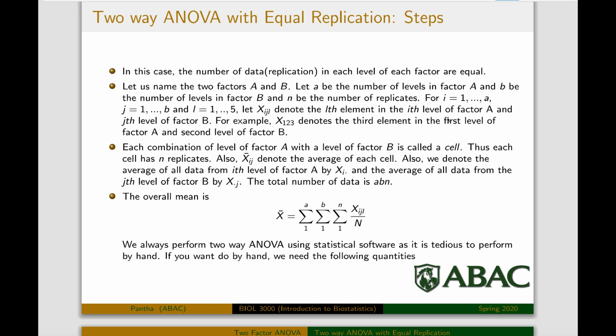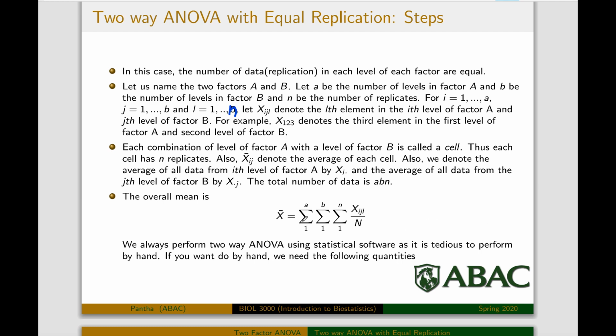So how? Because see, A has small a number of elements, right? And B has small b number of elements, and there are how many replicates of each of them? So n many replicates, right? So it should be n here.